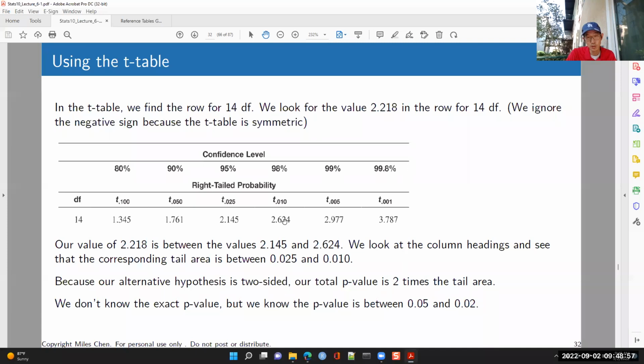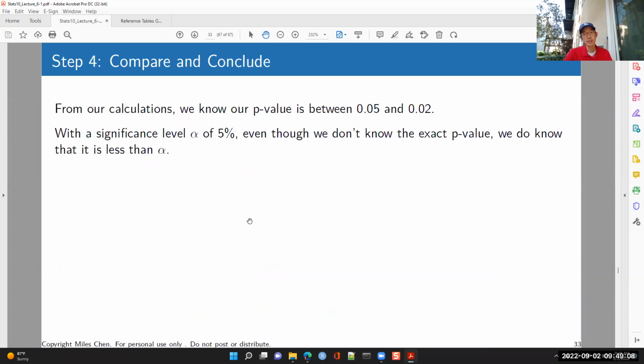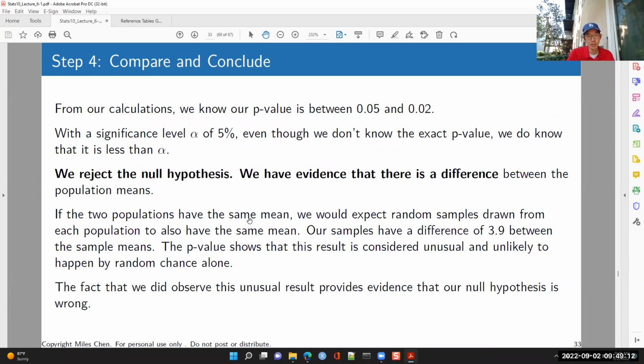And if it was 2.624, it would be exactly 2%. But we're getting 2.218, so whatever it is, it has to be less than 5% and more than 2%. Our conclusion is that we reject the null hypothesis. Our significance level is 5%, so we reject the null hypothesis, and we'd say we do have evidence that there is a difference between the population means.